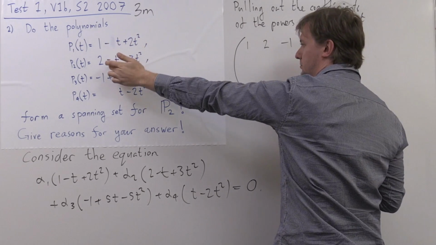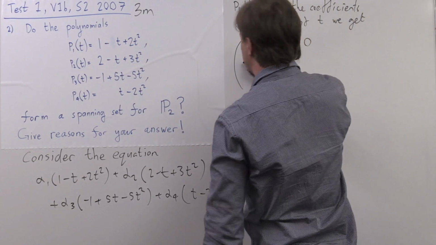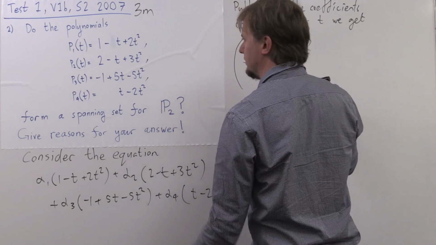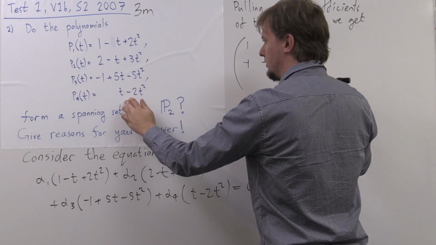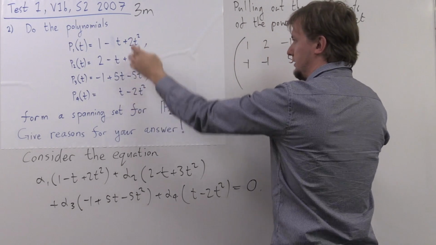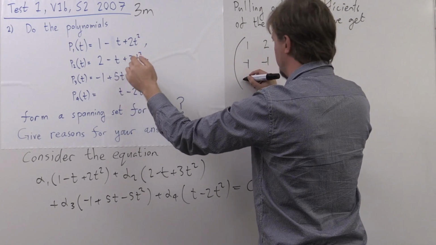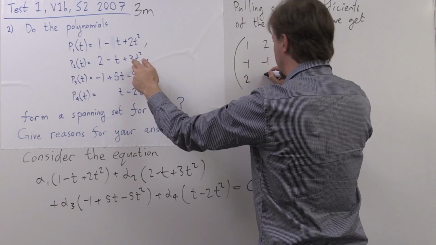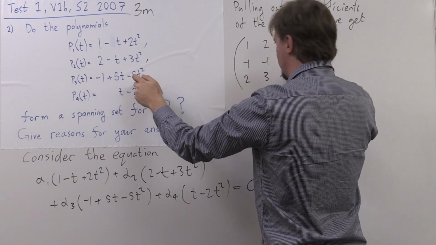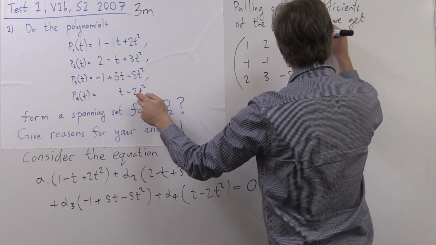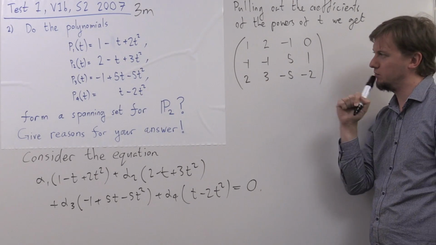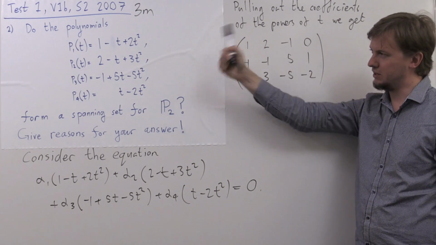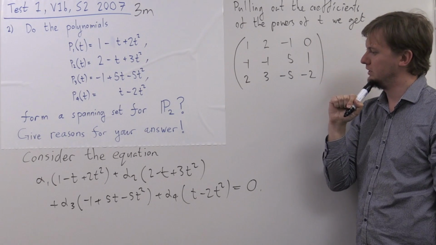We'll have a minus 1, minus 1, 5, 1. And finally the powers of t squared, we get 2, 3, minus 5, minus 2. If I can row reduce this matrix, it'll give me information about these polynomials.